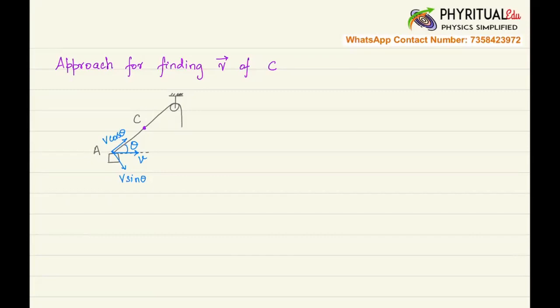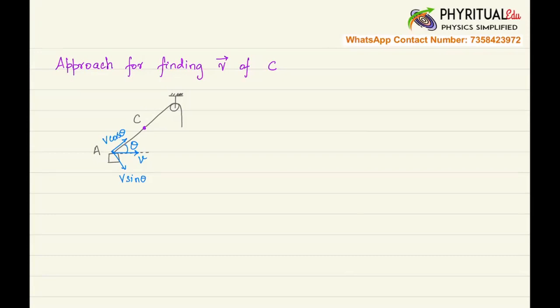So string is certainly not a rigid body, but as long as the string is going to be moving in the configuration of the pulley, it is going to be a taut string, which means that the separation between the end of the string and point C, the separation between those 2 points is not going to be changing. So that is the idea we are going to be using, and we will borrow ideas from that of rotational motion chapter to find velocity of point C.